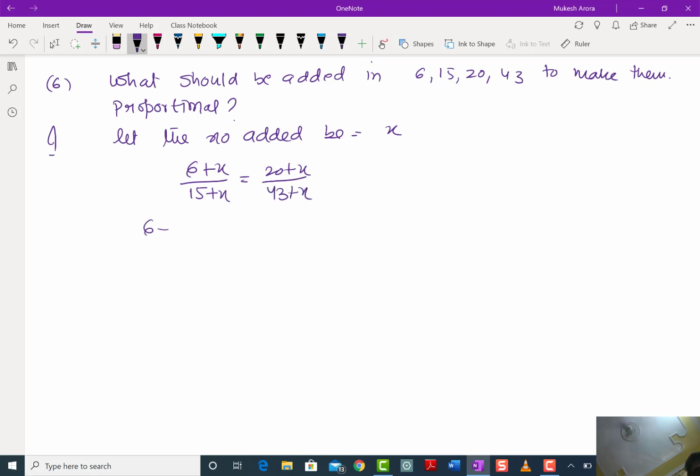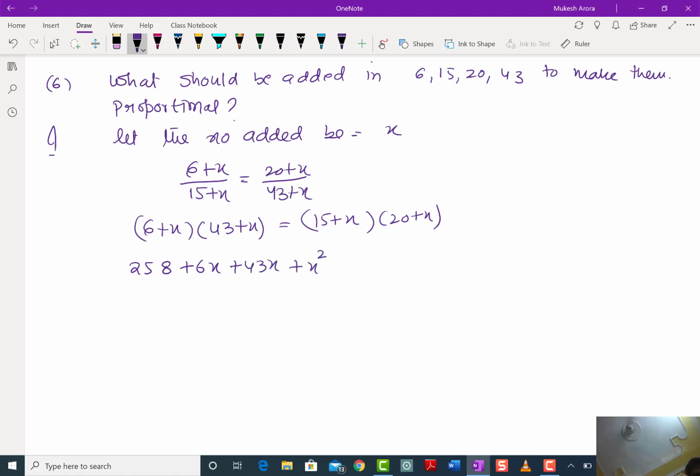So cross multiplication: 6 plus x, 43 plus x, 15 plus x and 20 plus x. So it will be 6 times 43 is 258, plus 6x plus 43x plus x square, equals 300 plus 15x plus 20x plus x square.